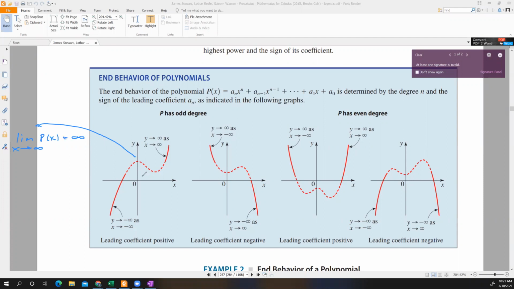We're dealing with the case when n is odd degree and the leading coefficient is positive. And the other limit, when x goes to negative infinity, the limit of p of x is going to be negative infinity. This is just the x cubed case here.